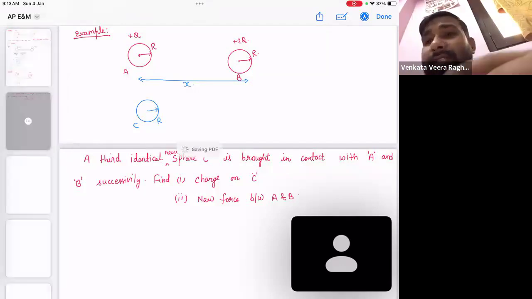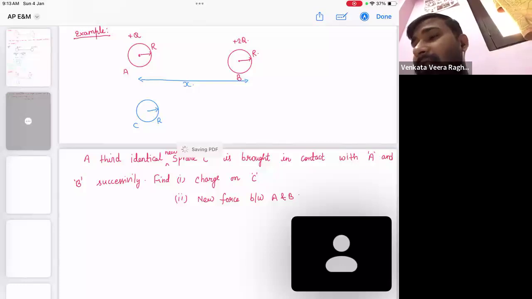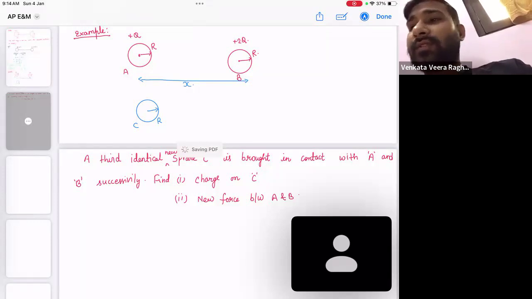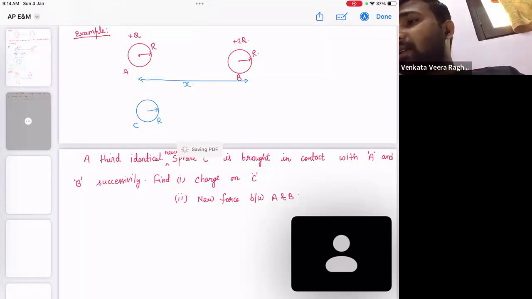It will change, and because of the charge change, the force between them will also change. Is that clear? So please tell me what answer you are getting for this question. All of you, are you understanding? Any doubt or confusion there? Please tell.